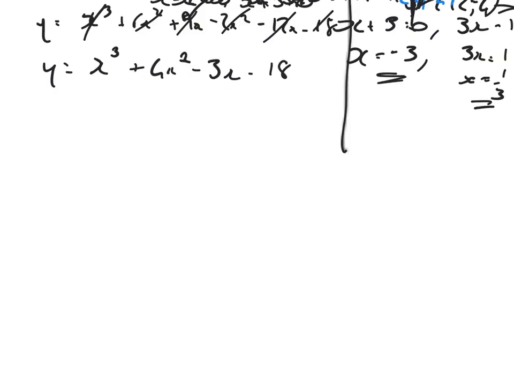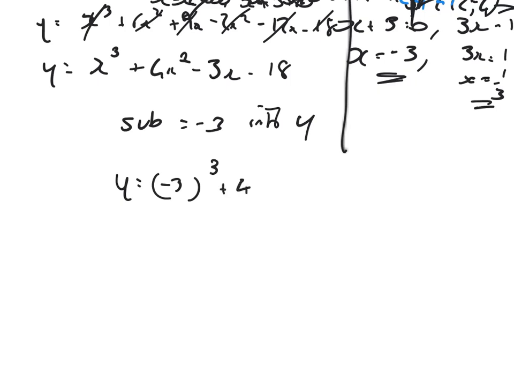Okay, let's now find the y coordinates at the stationary points. So I'm going to sub, first of all, x equals minus 3 into the function for y. So that's y equals minus 3 cubed plus 4 lots of minus 3 squared, minus 3 lots of minus 3, minus 18.